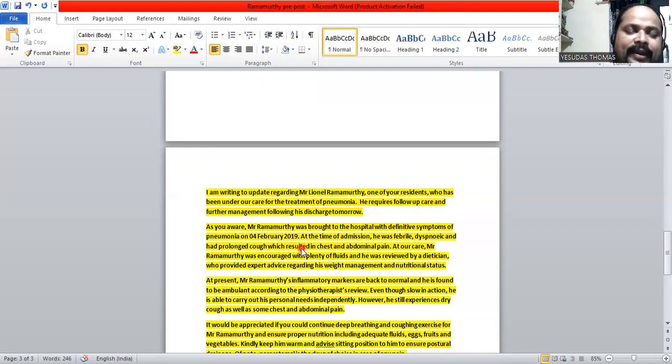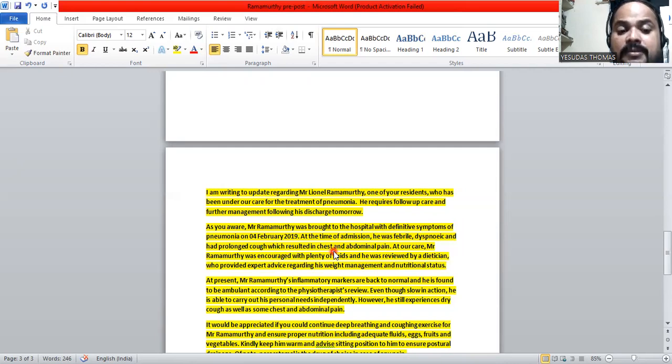At the time of admission, he was febrile, dyspneic, and had a prolonged cough, which resulted in chest and abdominal pain. So this was his condition on admission.